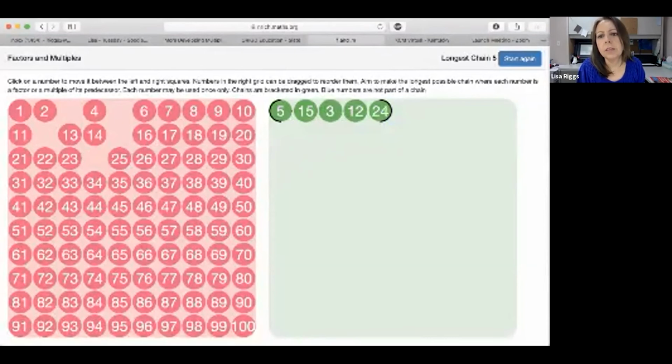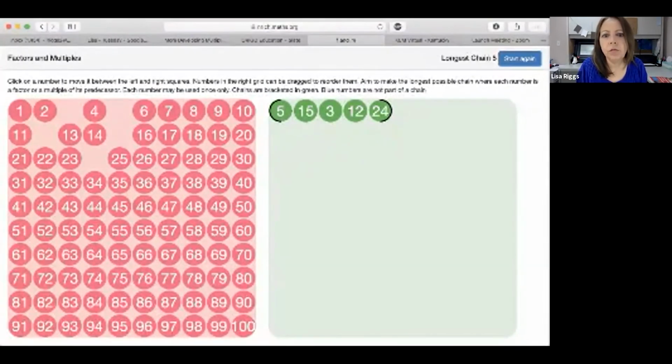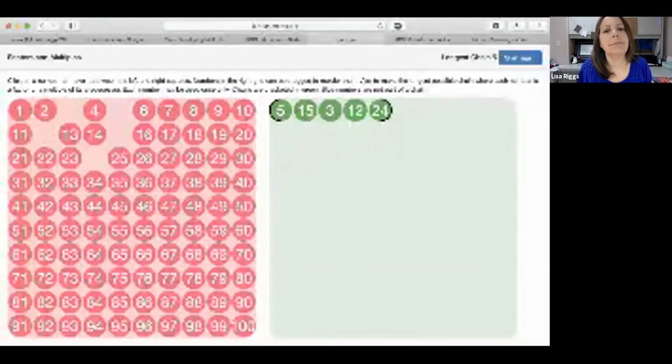Okay, does anybody want to have any comments or questions about factors and multiples? Did you figure out how to play it?